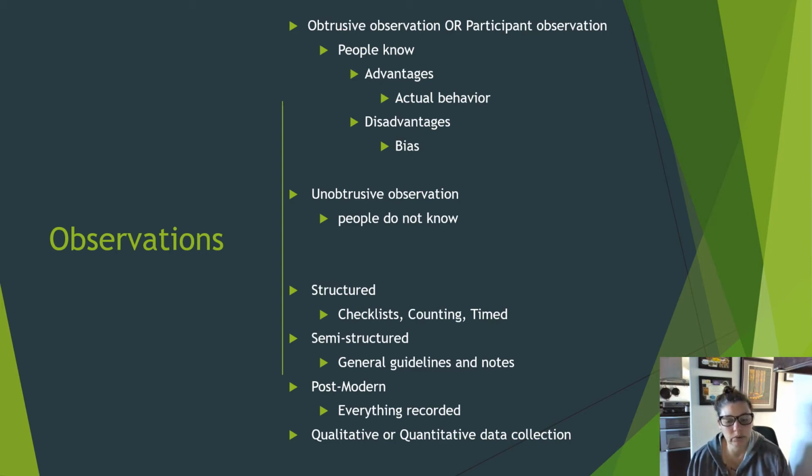So if I'm doing a very structured observation, I'm going to have a checklist in front of me. I'm counting people. I could be timing people. So think when you go to Costco and they're clicking that button every time a group comes in, they're clicking every cart essentially. So that's a structured observation that they're doing.